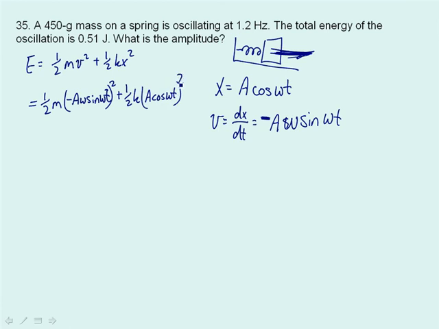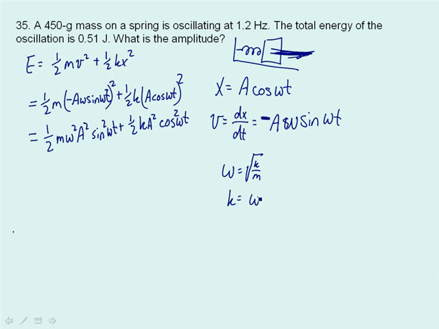And now if I reorganize this a little bit, I have 1/2 m omega squared a squared sine squared omega t plus 1/2 k a squared cosine squared of omega t. Since omega is equal to the square root of k over m, then I can say that k is equal to omega squared m.